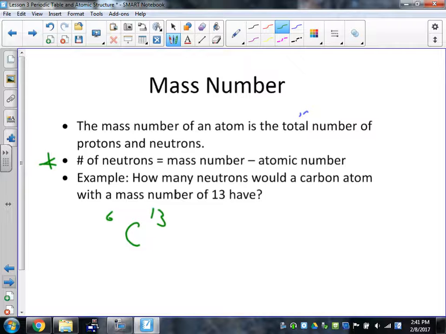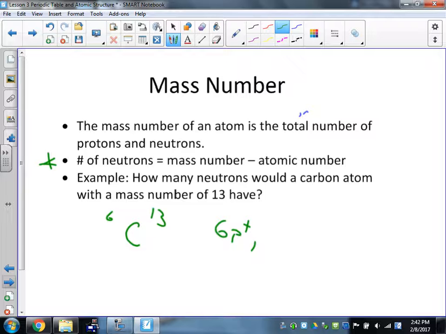So this one, how many protons does this carbon have? Melanie, how many protons? Yep, 6 protons.